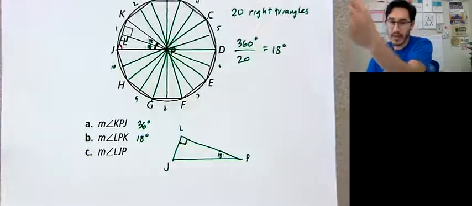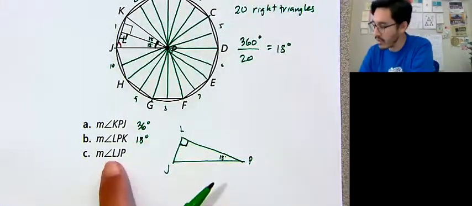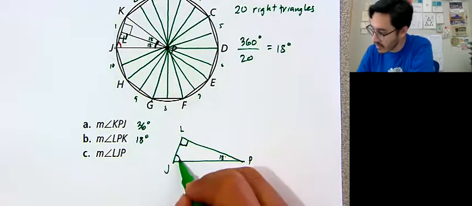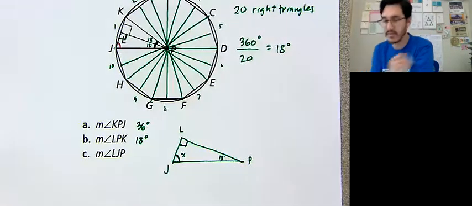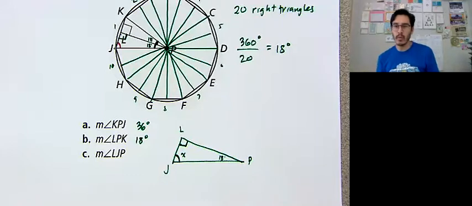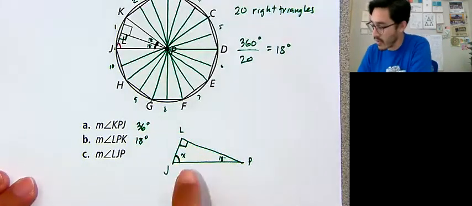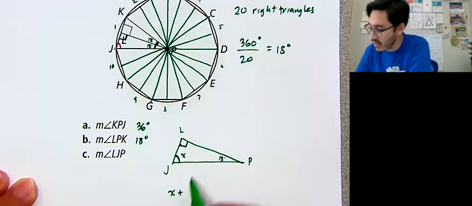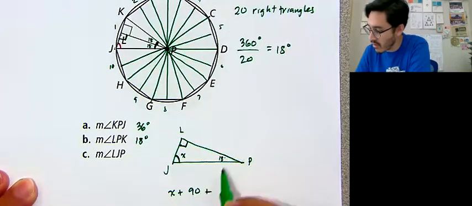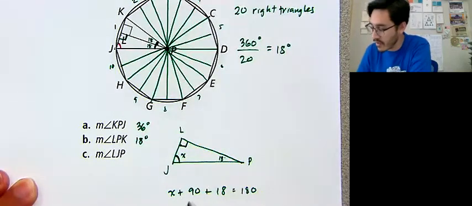So what is angle LJP? This angle right there, let's call it X. Something we learned way back at the beginning of the year is that the sum of the interior angles of any triangle is 180. So I can say X plus 90 plus 18 has to sum to 180.